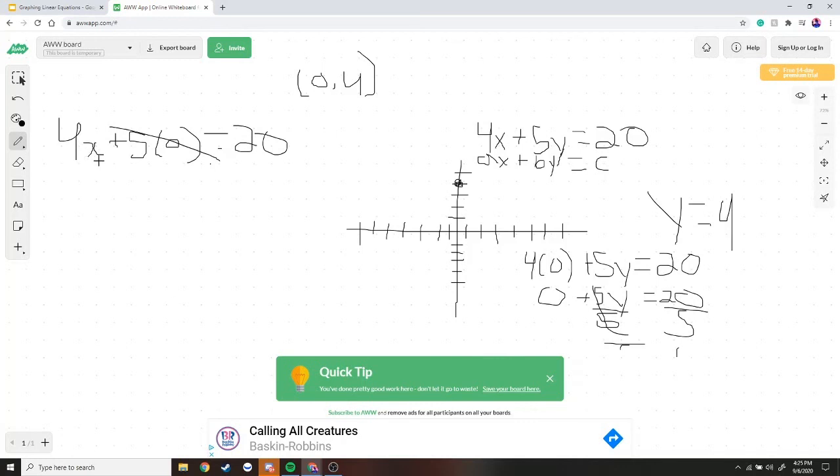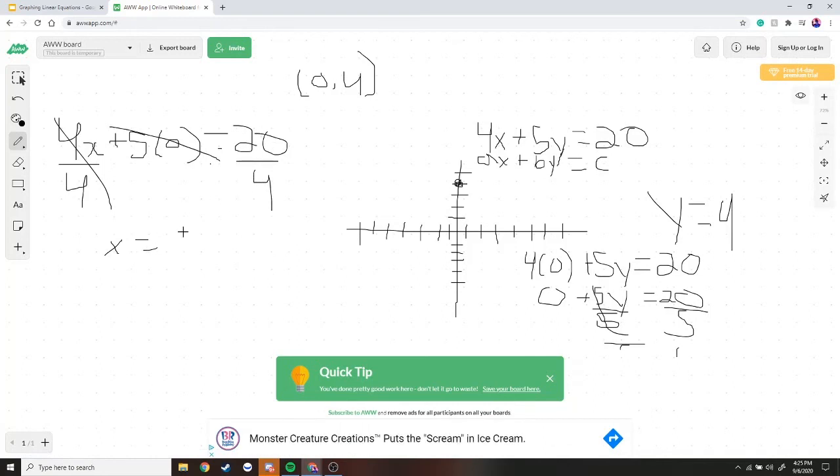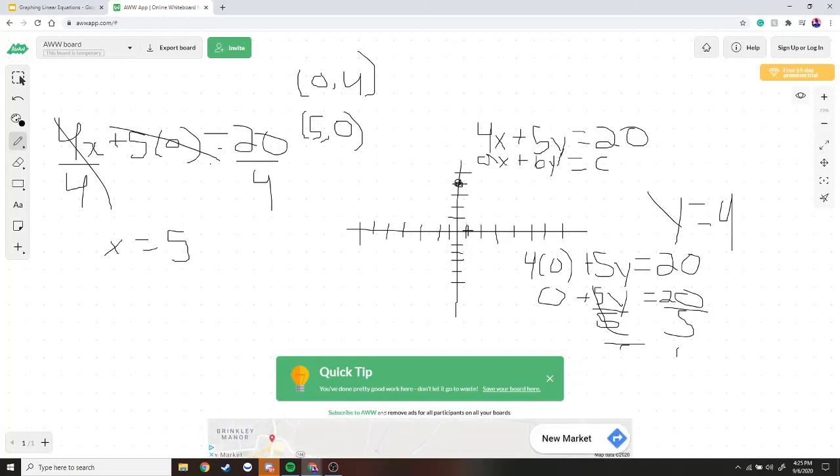To isolate x, we divide both sides by 4, so these two cancel out, and we're left with x is equal to 20 over 4. Now 20 over 4 is just 5. That means our x-intercept is 5, because that's our x value, comma 0, because that's what we plugged in for y. The point is going to be 5 on this x-axis, so 1, 2, 3, 4, 5, right here.